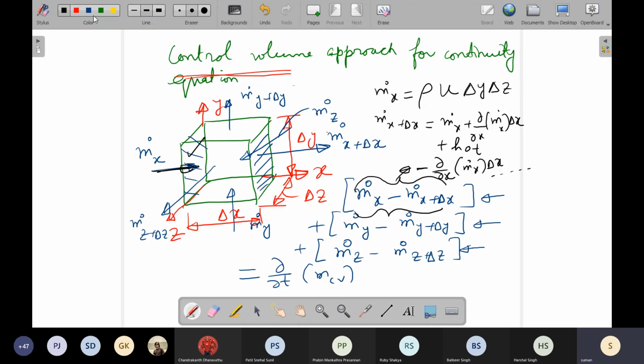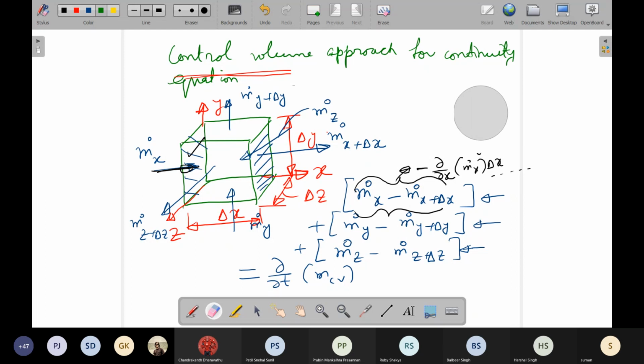So now if you erase it, and if you now write this minus partial derivative with respect to x, let us write the expression for m dot x, rho u delta y delta z, into delta x.